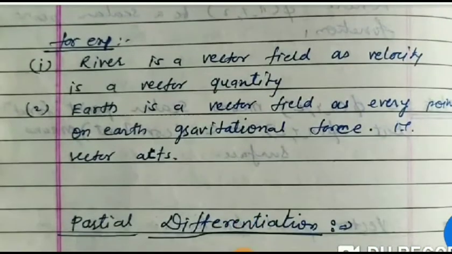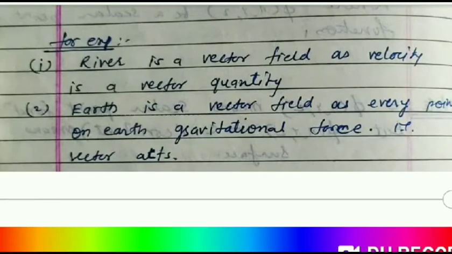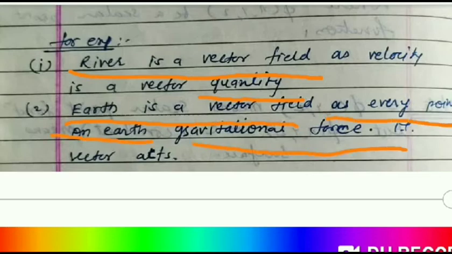For example, a river is a vector field as velocity is a vector quantity. Earth is a vector field as at every point on earth there is gravitational force, that means a vector.